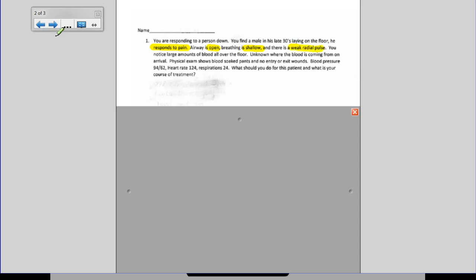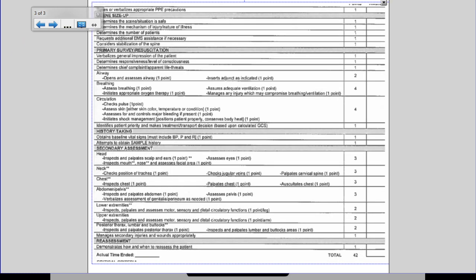You notice a large amount of blood all over the floor, unknown where it's coming from. On physical exam, the blood-soaked pants, and no entry or exit wounds. That really doesn't matter at this point, because we're going to have to expose him in a second. 94/62 is important. The heart rate, very important. Respiratory rate, important.